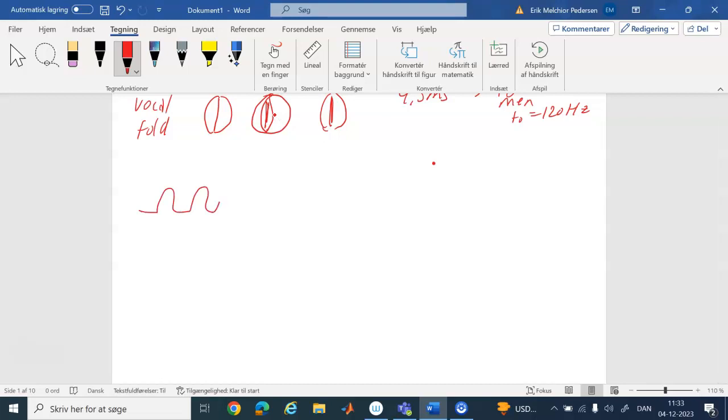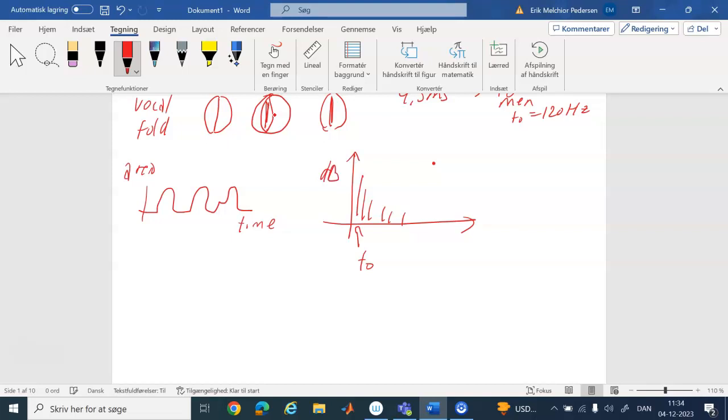We have the area in time, closed, open, closed, and so on. And it makes a spectrum. And we have the fundamental frequency here. We have a spectrum, so it's frequency and dB.